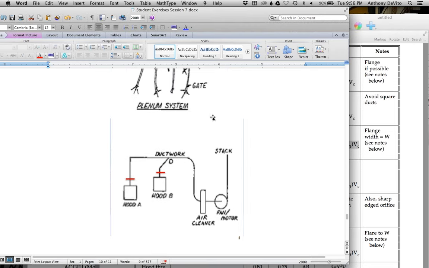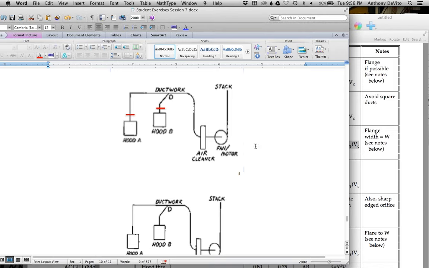Okay, now another kind of system where you don't do a lot of planning is a system where you have a fan that may be oversized for your needs, right? And you have an air cleaner or a filter or something like that. But then you have several ducts connected to it.